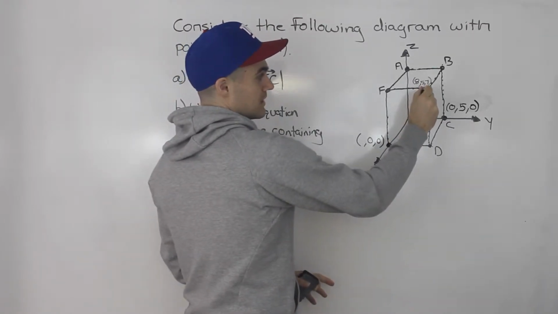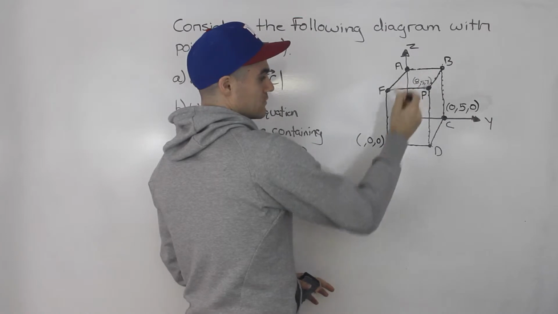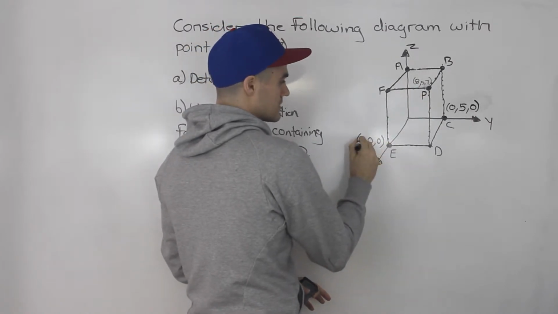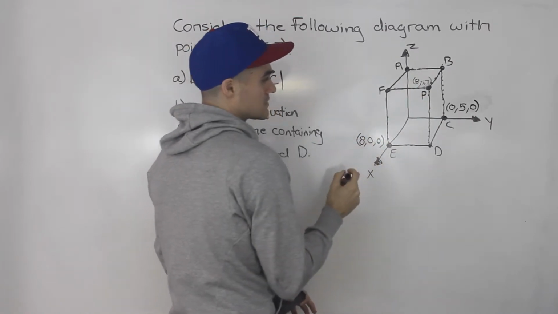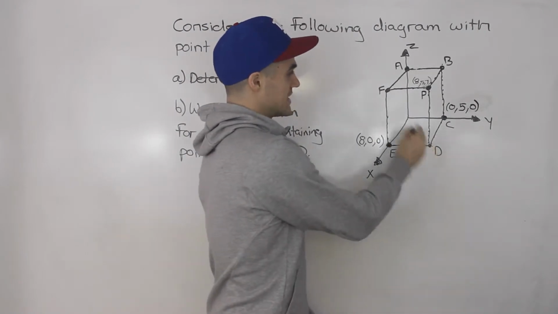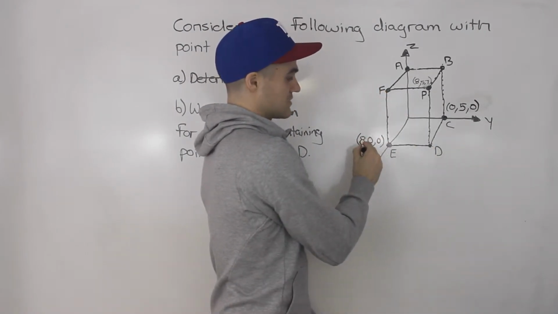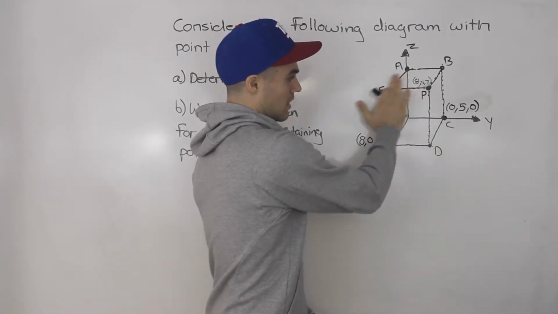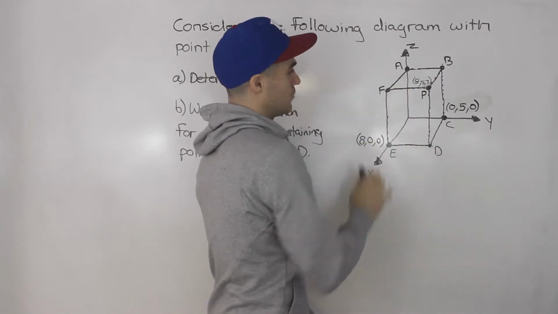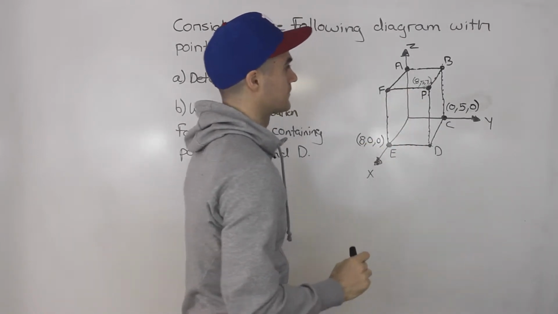And since we know P has an x value of 8, we know that this point E is going to have an x value of 8 as well. As well as points D and F, they're going to have x values of 8 as well because they're on that same face, but we will get to those later.